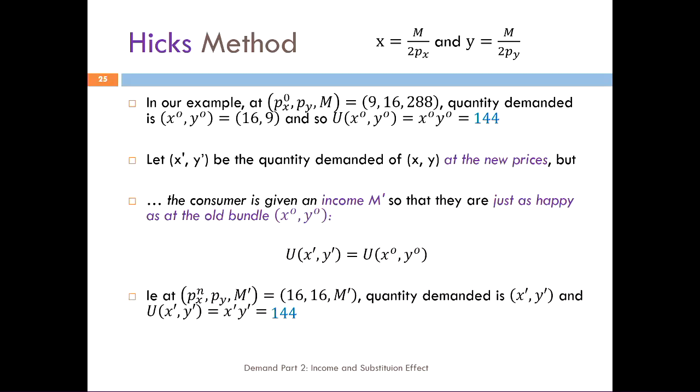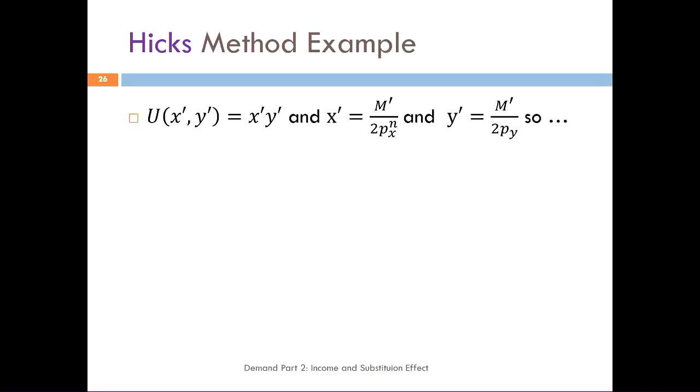The question is, what income is going to do that? What M prime, such that at the new prices, will have a utility of 144? Now, the new prices, remember, the price of X is 16. With the price of X and price of Y both being 16, what is the income M prime such that when we choose our most preferred affordable bundle, our utility there will be 144, the same as originally? So how do we find M prime? Well, it's not that difficult, actually. Let's go through the steps.